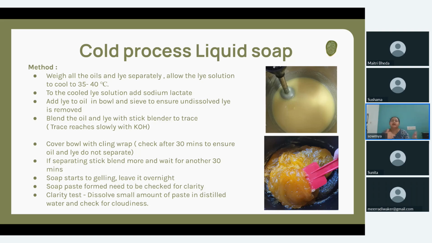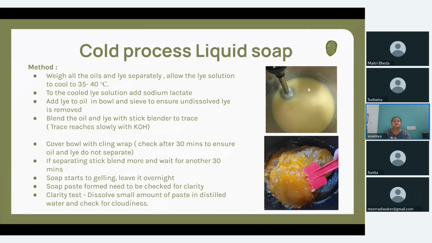You can see the oil and the lye separate. So even though it reaches this particular trace, it is not a true trace. You have to keep blending, covering and checking if it is separating, then blending again. You need to do this two, three times so that it properly blends.